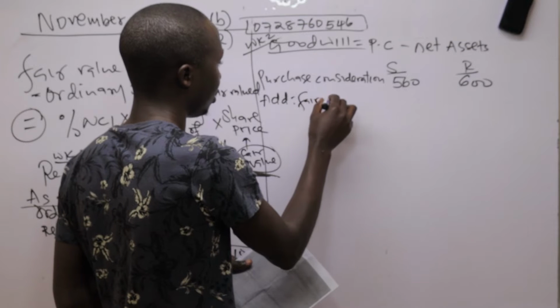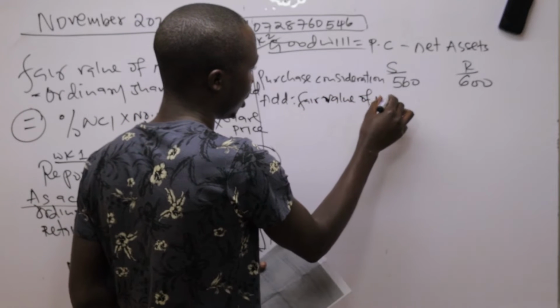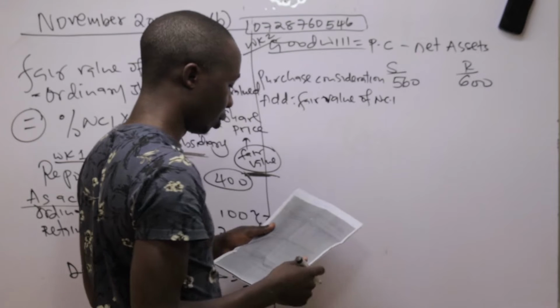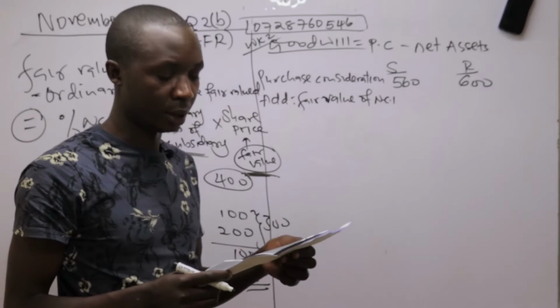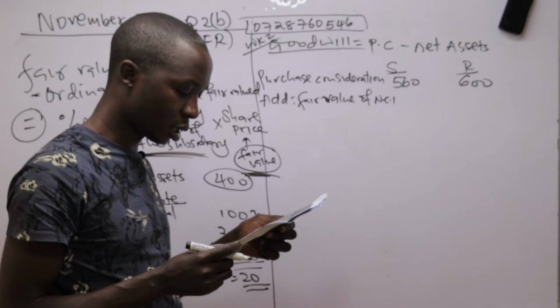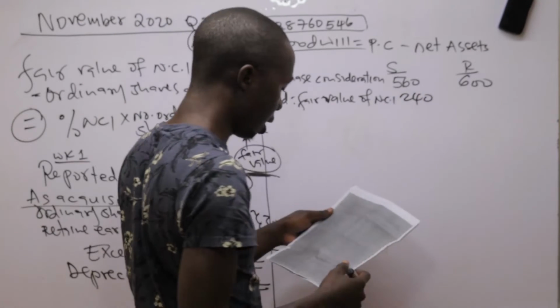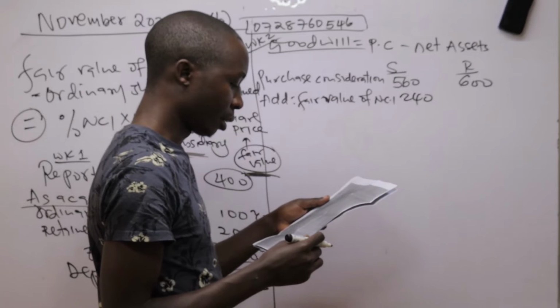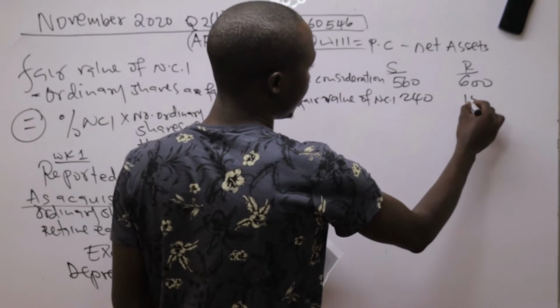The fair value of the NCI, non-controlling interest. Both is provided in note 1 and note 2 respectively. So the fair value of the non-controlling interest, we can check in note 1, they gave us for S is 240. For R, in note 2, the last sentence in note 2, you are given 150.